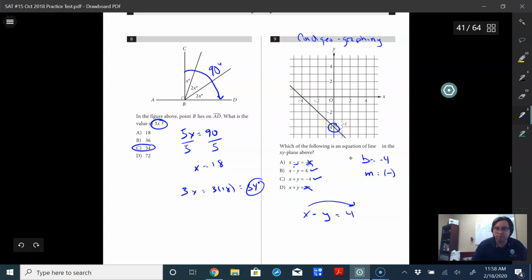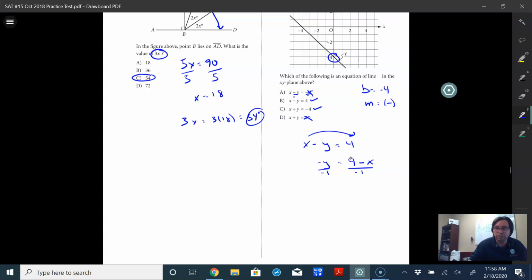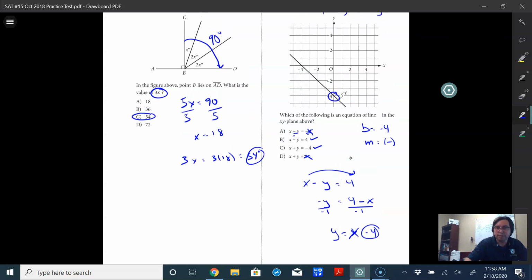So now I have -y equals 4 minus x. And then divide by the -1. That's going to make y equals a positive x and a -4. So this piece is okay, but this piece is wrong, because we have a negative slope. So that makes B false, and so by default, C has to be the answer choice.